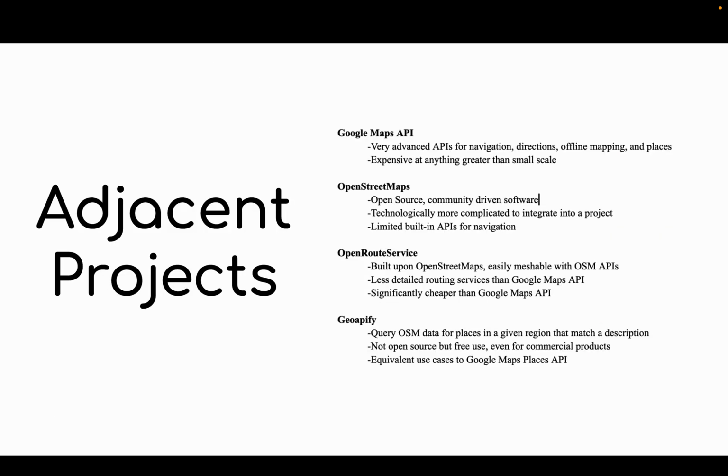Some of the adjacent projects that could be used in development of TripSitter are the Google Maps APIs, which are very advanced, but are also closed source and can be expensive.